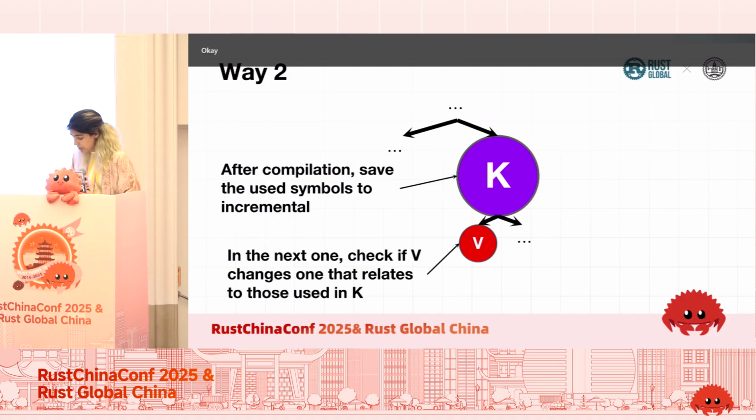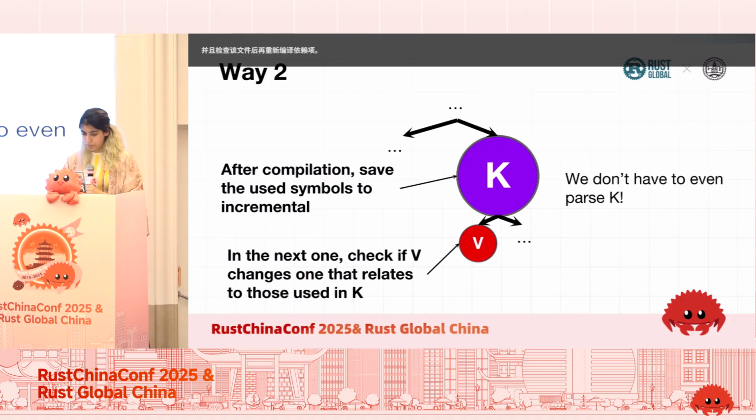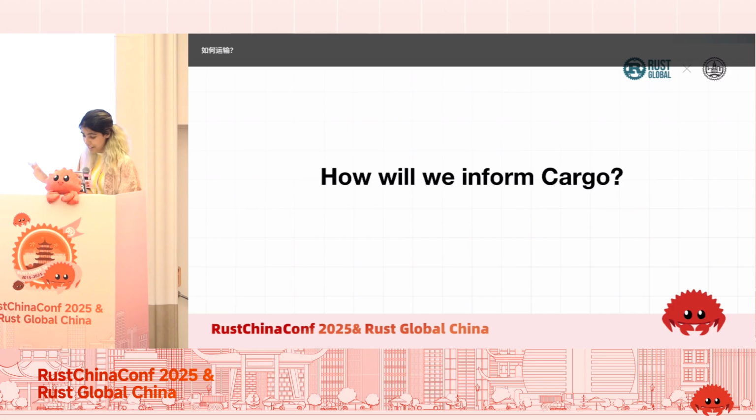This saves even the parsing stage of the dependent because we already have all the name resolution from the previous compilation. And you might be thinking, how will Cargo signal to the compiler to just go up to name resolution?